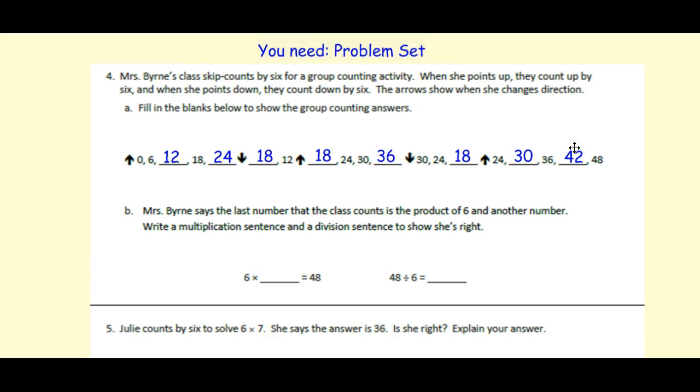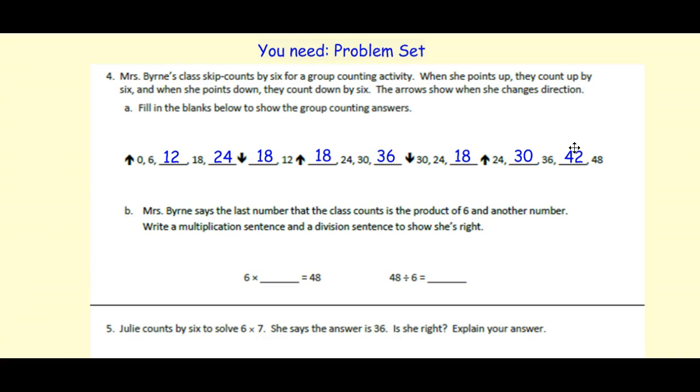Part B says, Miss Burns says the last number that the class counts is the product of 6 and another number. Write a multiplication sentence and a division sentence to show that she's right. So if you look up there in her skip counting, she ended on 48. So you have to ask yourself right now, what can you multiply 6 by that is going to give you 48?